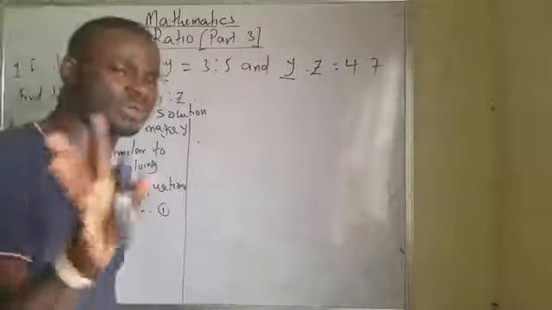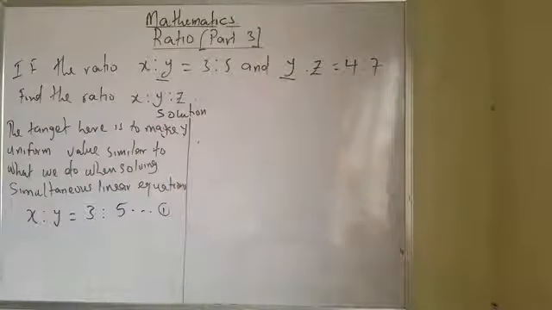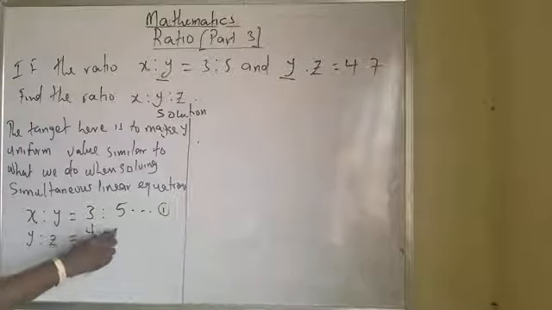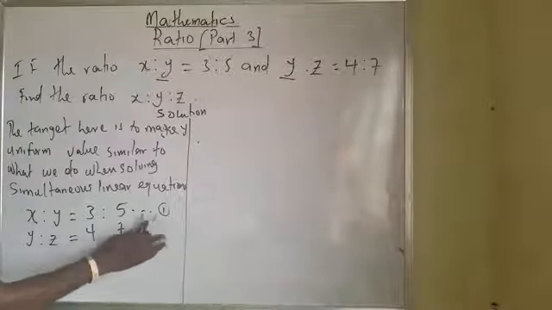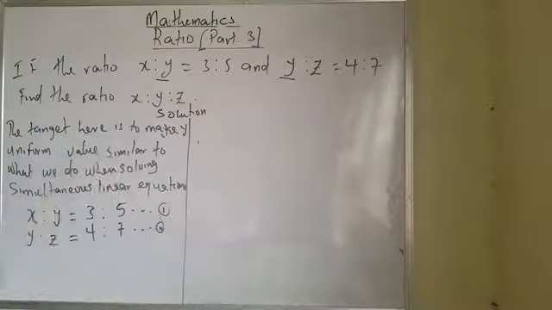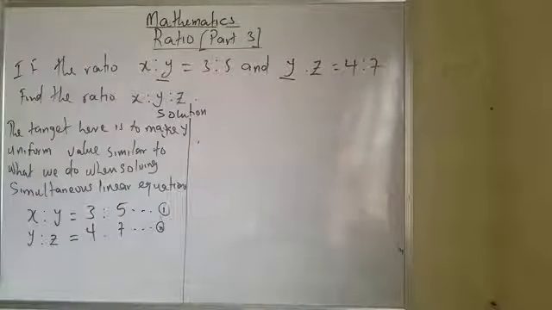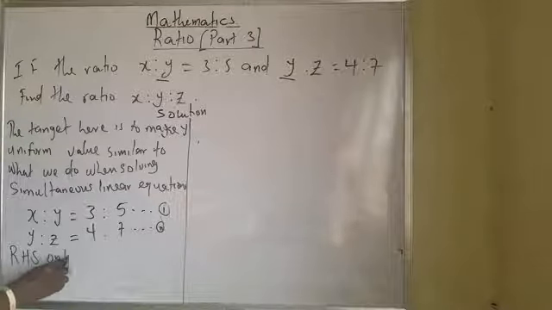I think we have done that problem, check our video. And also, y ratio z equals 4 ratio 7. I call it equation 2. You can use a star anyhow you want to. Now, this time around it is only the right hand side, RHS only. Take note of that.